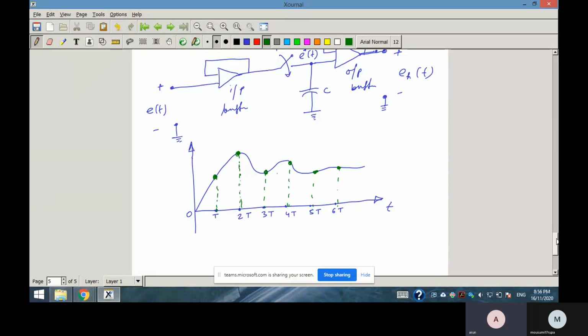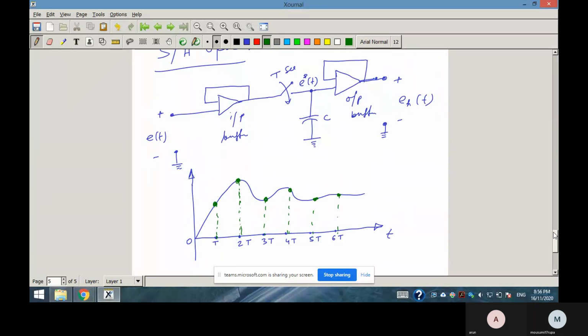And then what will be the hold output? You can see, this is the input buffer. So whatever input you apply, the output will immediately appear. So E star T will be this one then. So this means E star T. And this is your ET. This is E star T.